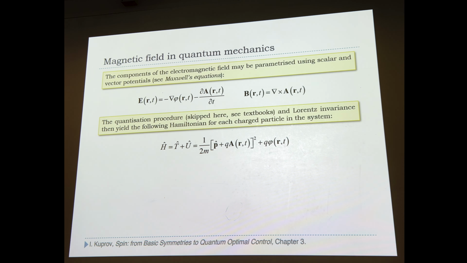All of this goes into our Hamiltonian. I will skip quite a lot of quantization and Lorentz invariance mathematics here and simply give you the final result at this level, that what we have is the usual kinetic energy and the potential energy, and if we have a moving charge, then the kinetic energy term is modified because a moving charge is a current.